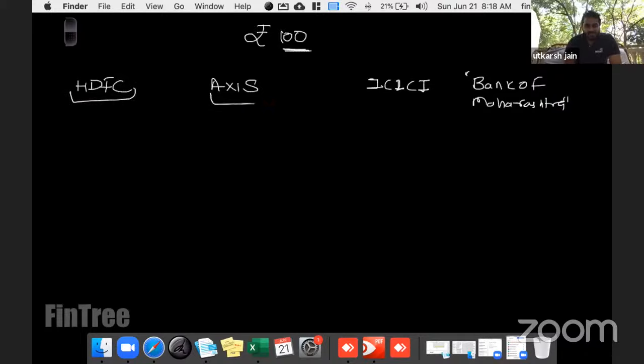So this is my way of avenging it. These are the banks that you go to, and you ask them, sir, I would like to invest my 100 rupees with you. What rate would you offer me? HDFC says we will offer you, I'm just going to make up a random number, 10% per annum.